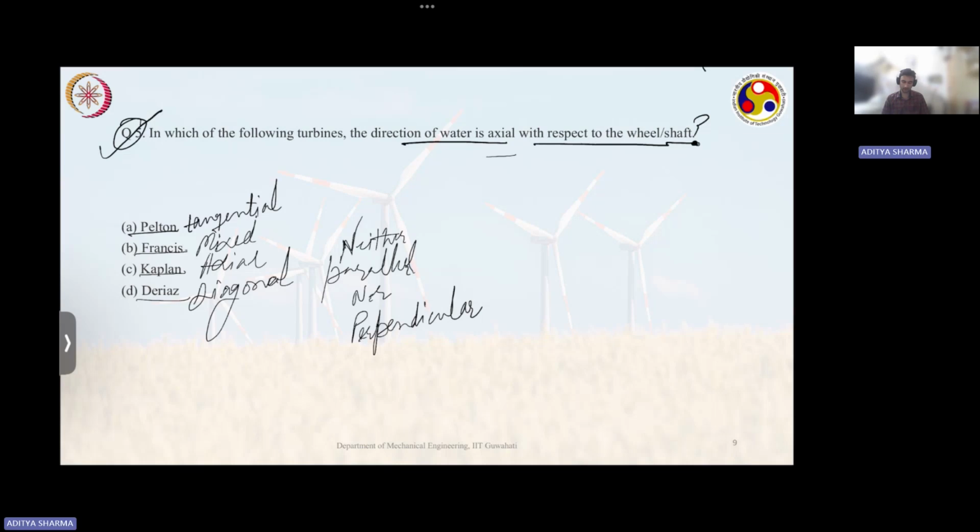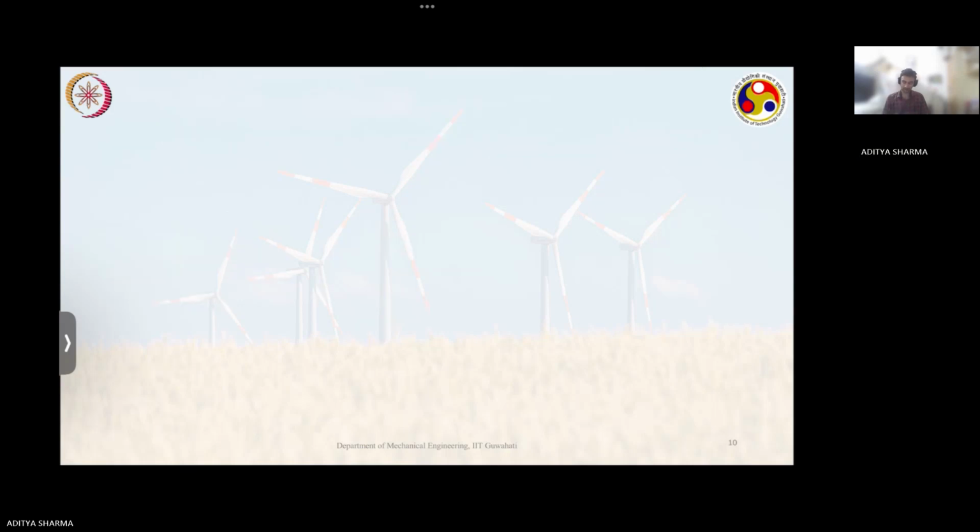That is your Darius turbine. So the correct option is C. Okay, so this was your question number five.